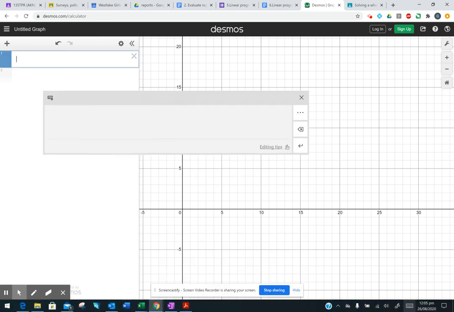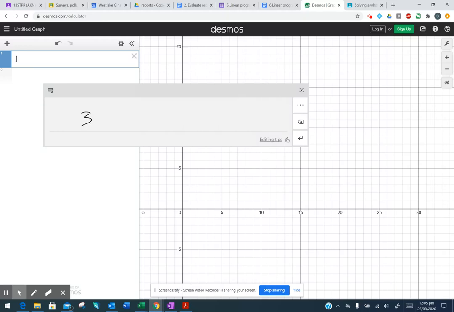Now, let's see if this will work. 3 lots of X plus one lot of y has got to be less than or equal to 18.